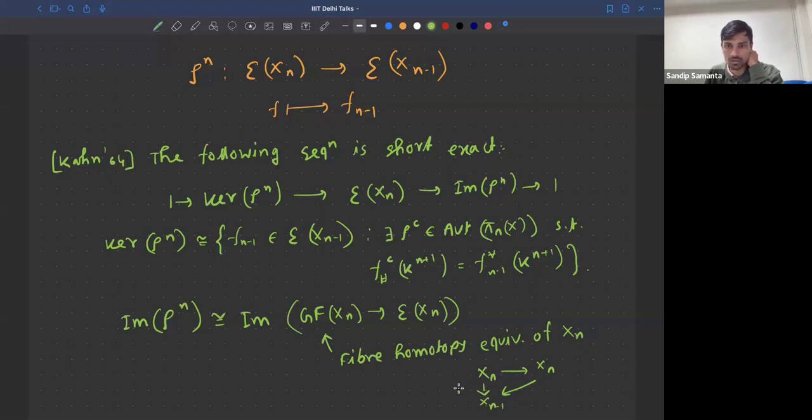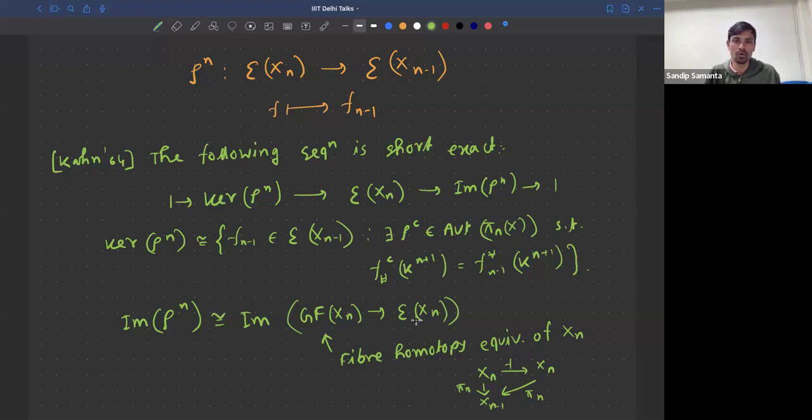We have the projection map, and a fiber homotopy equivalence is an equivalence of Xn which commutes with this projection. So it definitely sits inside E(Xn), because any map that commutes with the extra condition of the projection is still a homotopy equivalence of the space Xn even if we ignore that map.